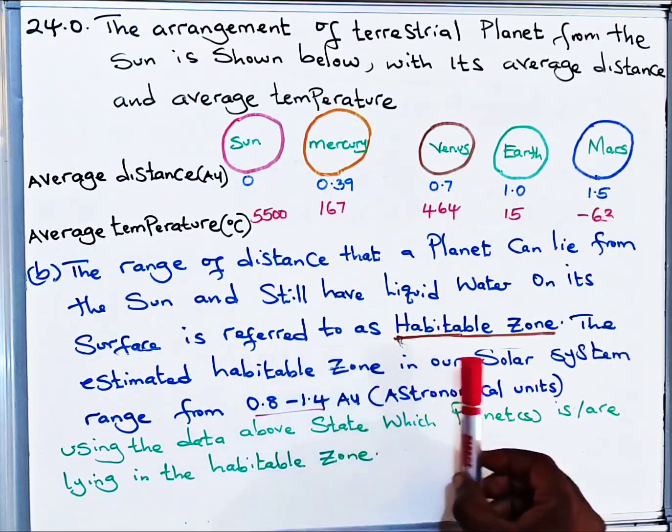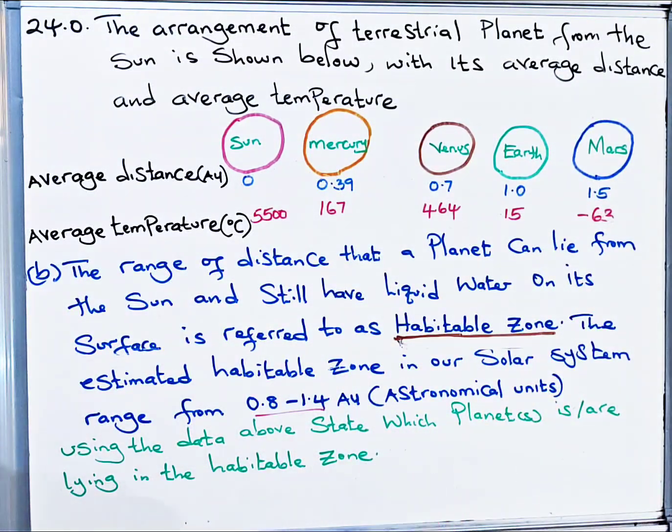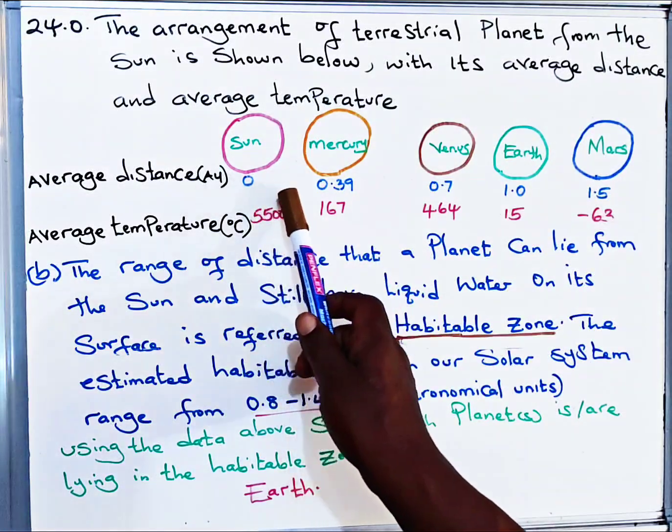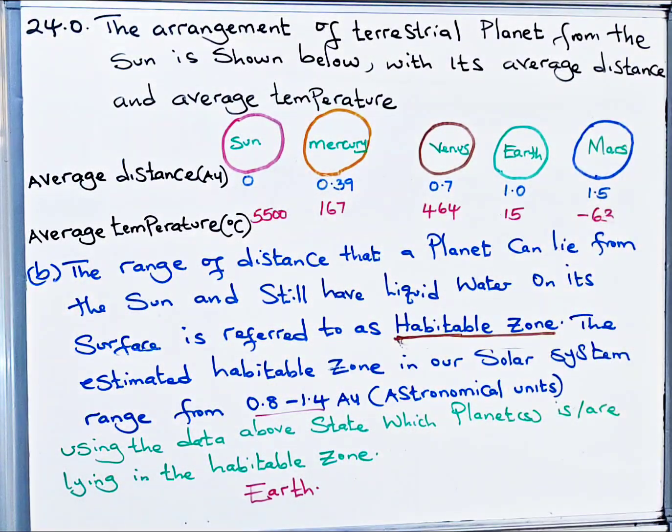So it's lying outside the habitable zone. The only planet here which is lying in the habitable zone is the Earth. So it's not surprising that it is the Earth, of all the terrestrial planets, which has life.